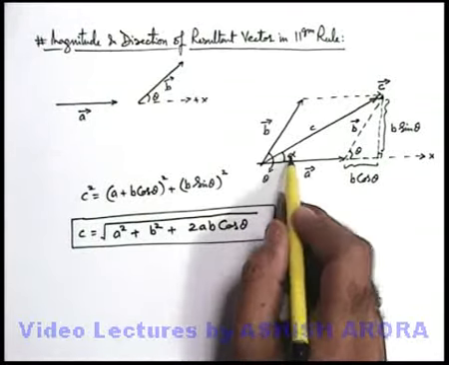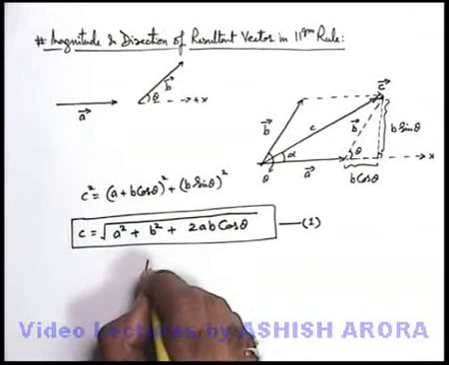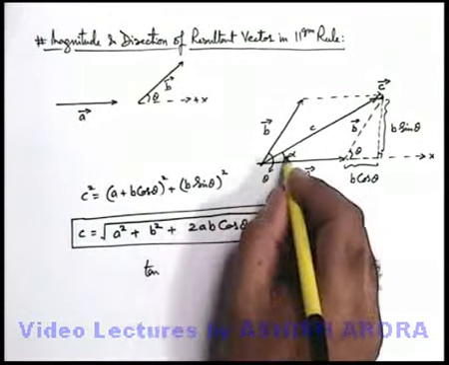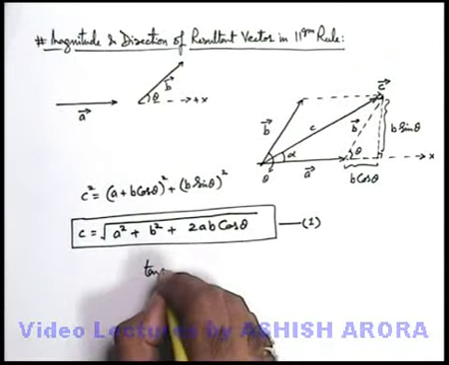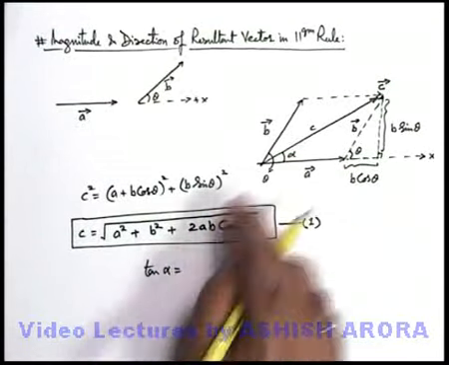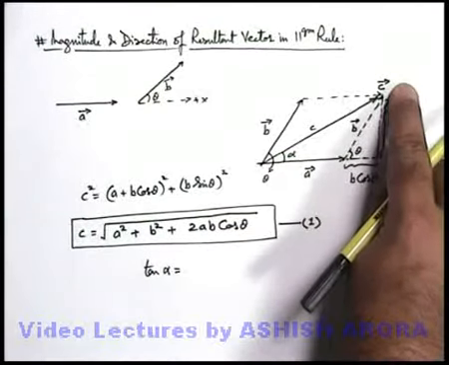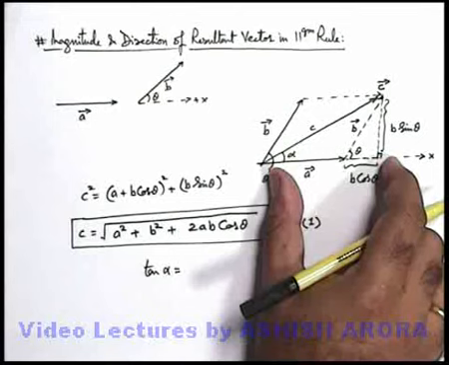Your angle alpha can also be easily obtained by finding the trigonometric tangent ratio of this angle alpha. Your tan alpha can be written as B sin theta upon A plus B cos theta.